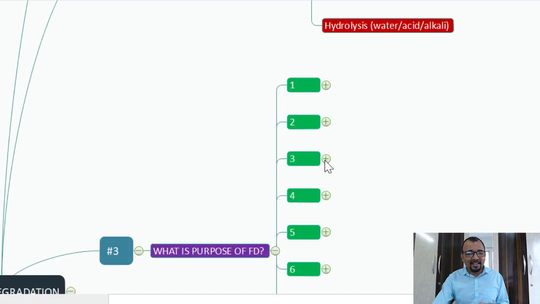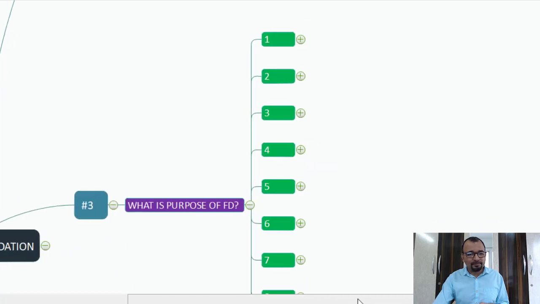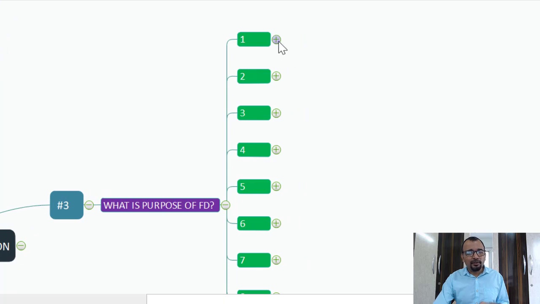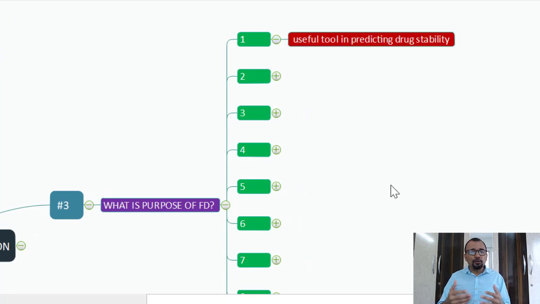There are 10 different points that I am going to walk you through. The first one is a useful tool in predicting the drug stability, as we are going to evaluate the degradation of the product, which talks about the stability of the molecule or the product.